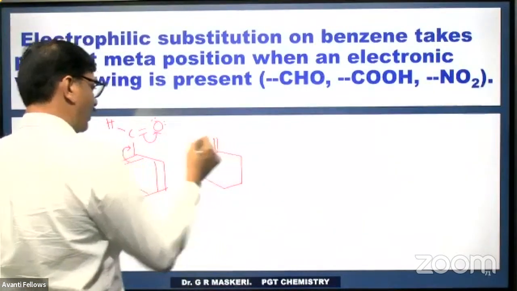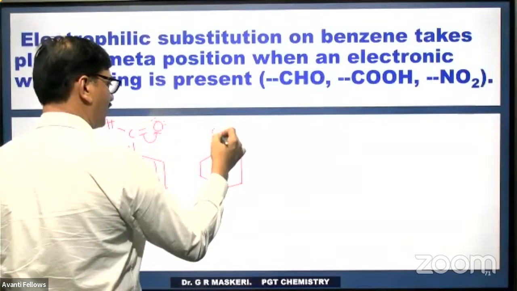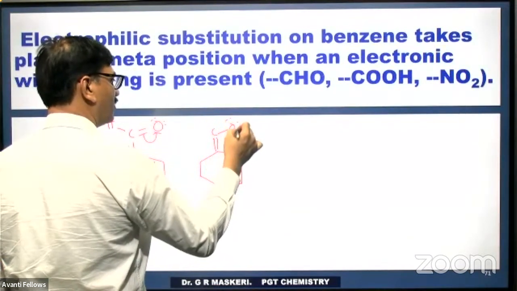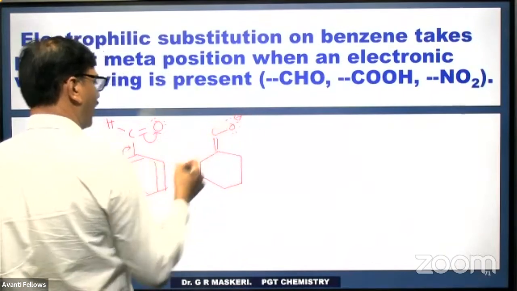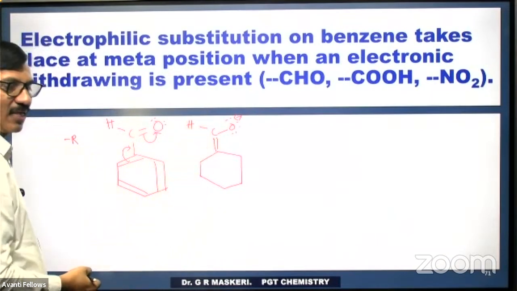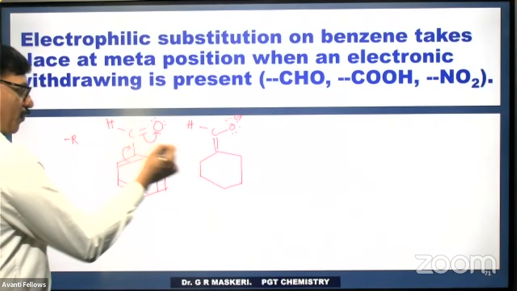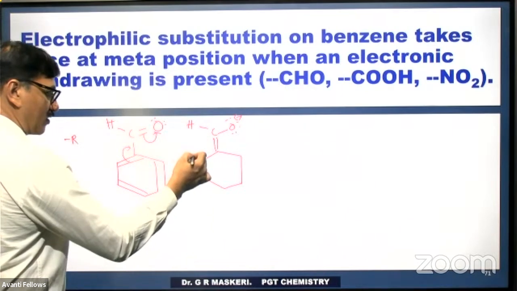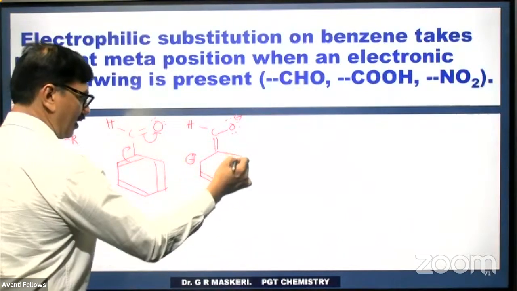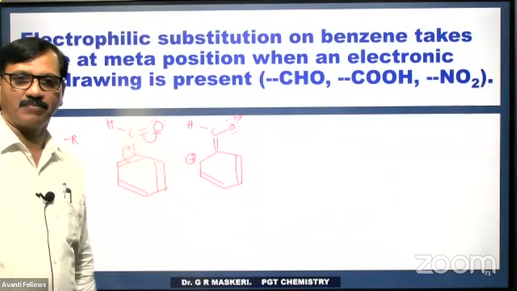This gets double bond character because of this pi bond, and this oxygen will have 3 lone pairs of electrons carrying a negative charge. This carbon-hydrogen bond remains as it is. And this carbon, with the loss of the pi electron, gains a positive charge, and other things remain as they are. So this is one resulting structure.